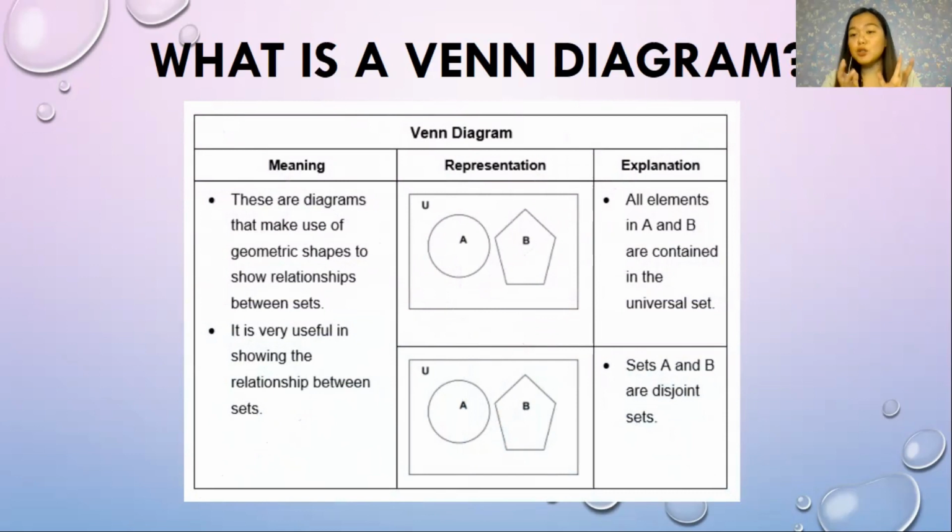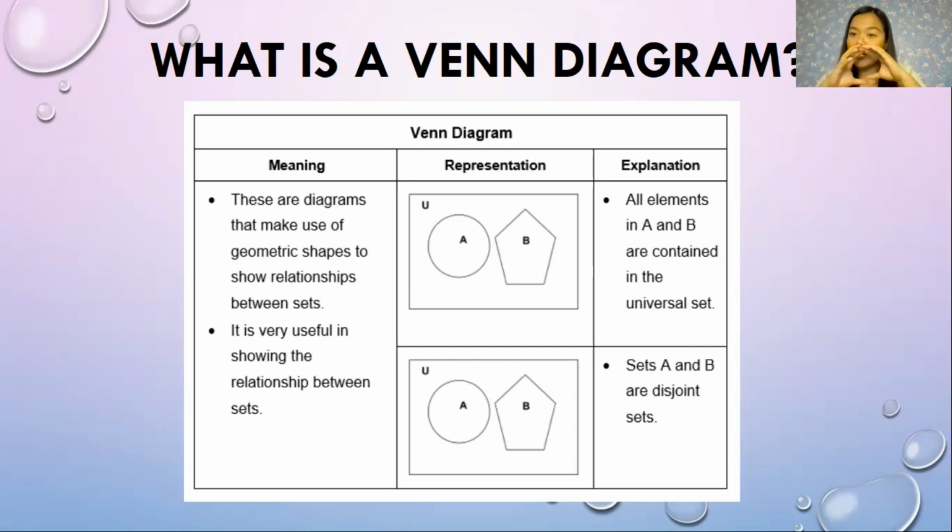So, usually, Venn diagram is like, syempre, diagram, picture. Picture out na lang dyan, relationship ng sets. So, you have a rectangle that is represented by the universal set, and the shapes inside that are the subset of the universal set or the different kind of set.